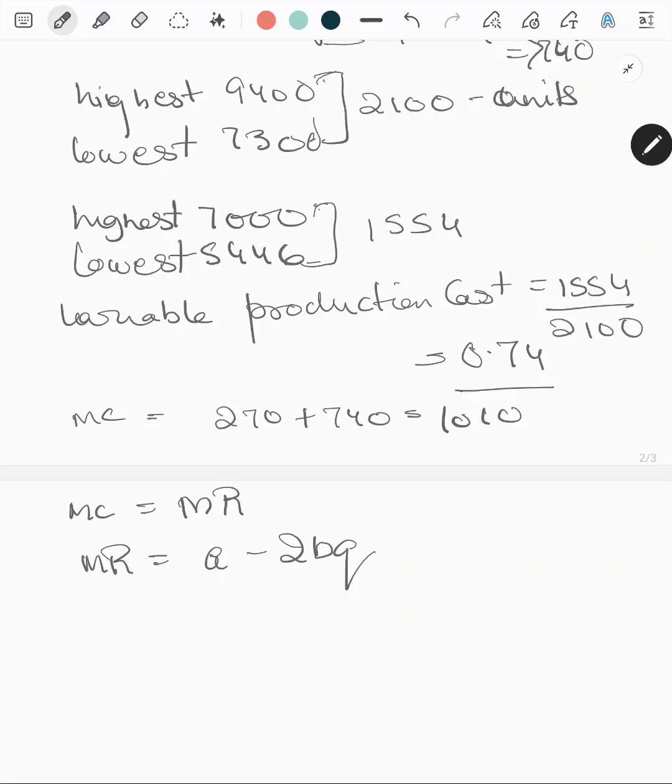So marginal revenue is 1010 and A has already been calculated as 1750, and 2 into 0.05 into Q is something which we need to find.